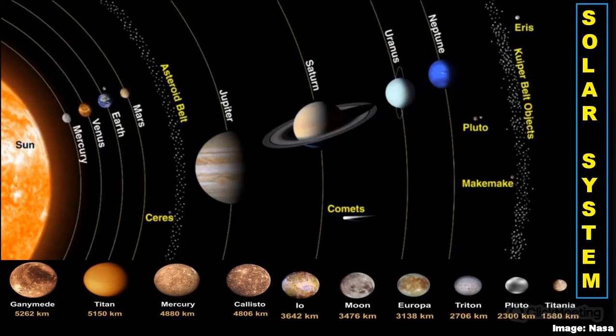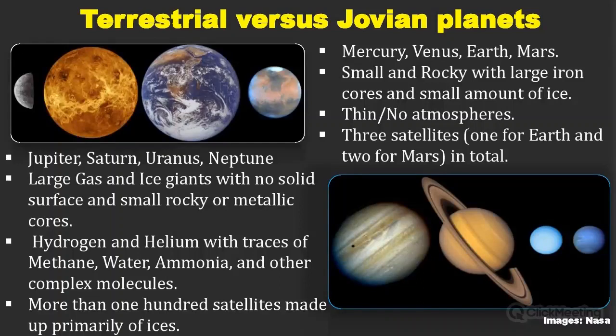So if we further divide our planetary system, we can divide it into two. One is terrestrial, another is Jovian. Terrestrial planets include Mercury, Venus, Earth, and Mars. These are small rocky bodies with core and mantle, in some cases with atmosphere.